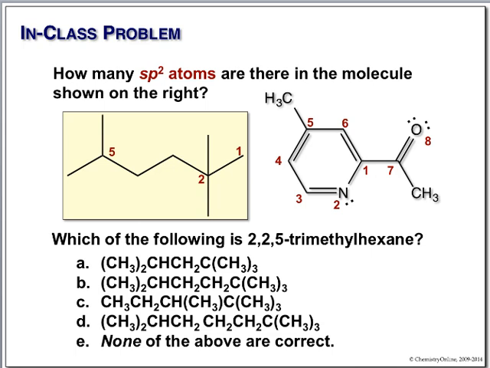Here we have 1, 2, 3. So 1, 2, 3, 4, 5. That doesn't work. 1, 2, 3, 4, 5, 6, 7. That doesn't work. So we're either down to B or the dreaded none of the above.